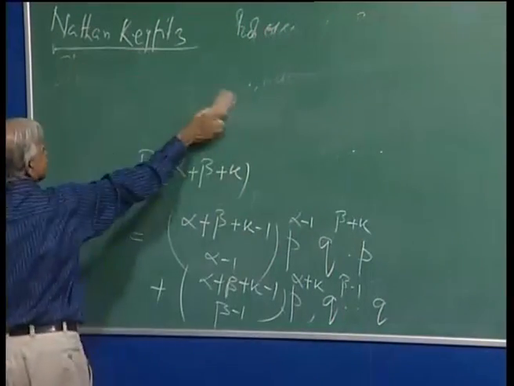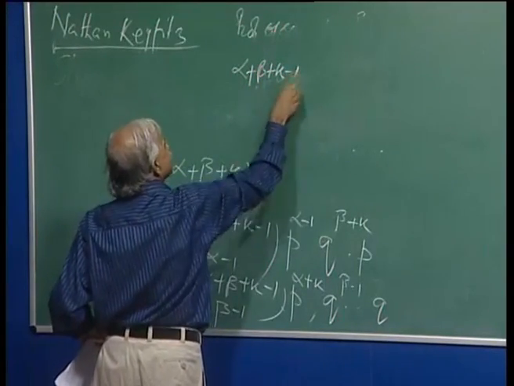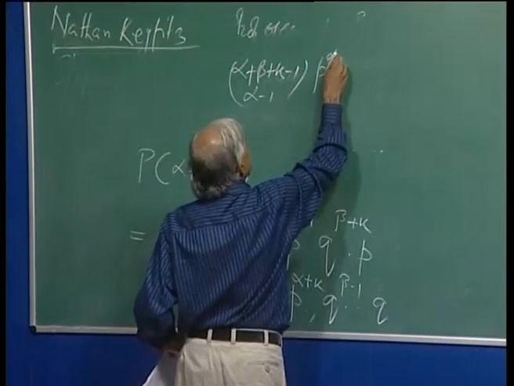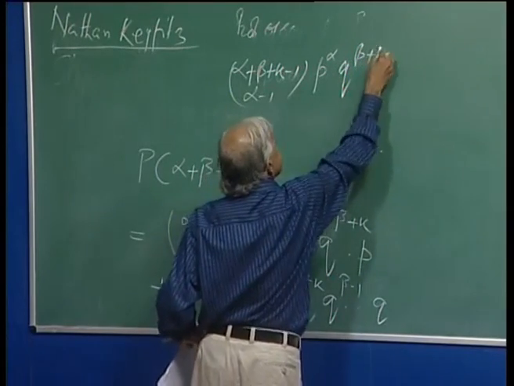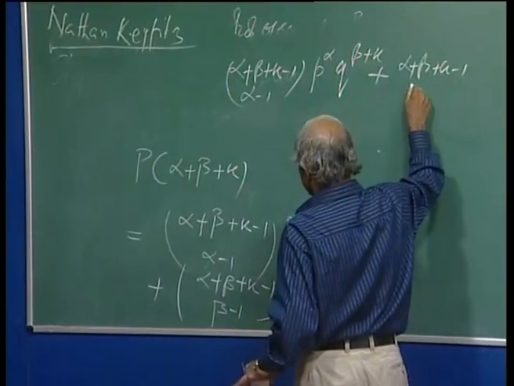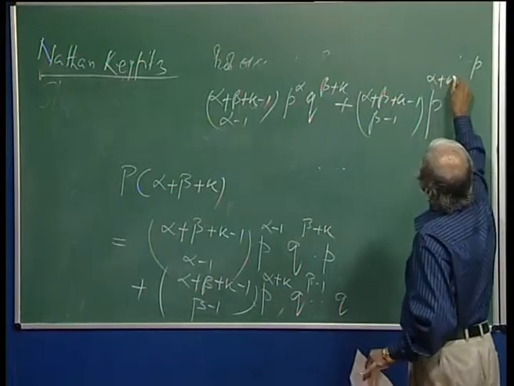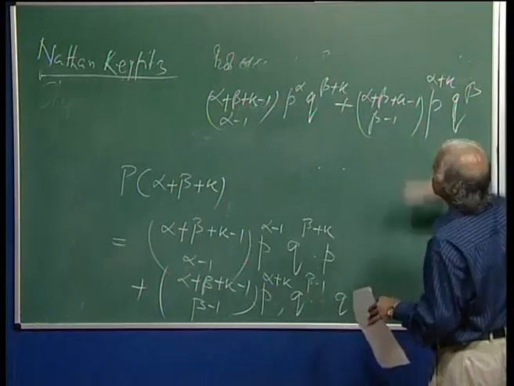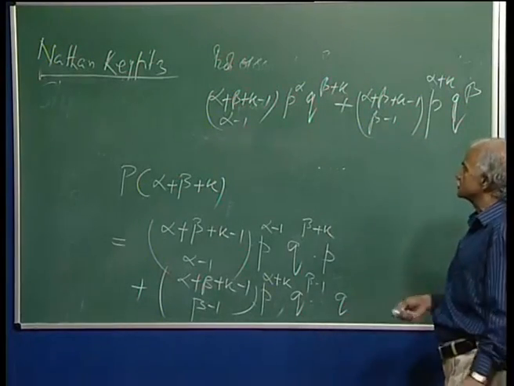To simplify this further, I can write that alpha plus beta plus k minus 1 combination alpha minus 1, p raised to power alpha and q raised to power beta plus k, plus alpha plus beta plus k minus 1 combination beta minus 1, and p raised to power alpha plus k and q raised to power beta. Okay. This is the probability that under the stopping rule of alpha sons and beta daughters, people will stop here.